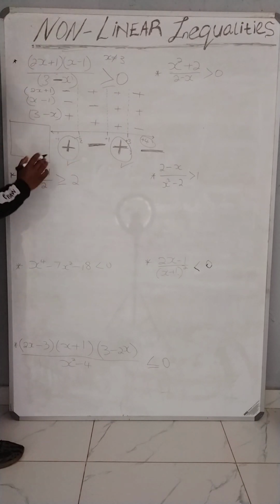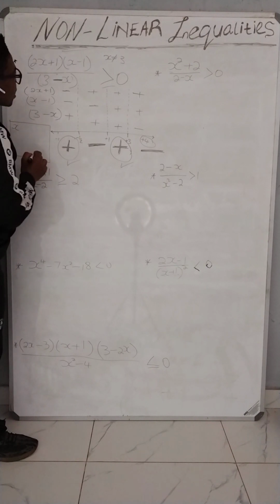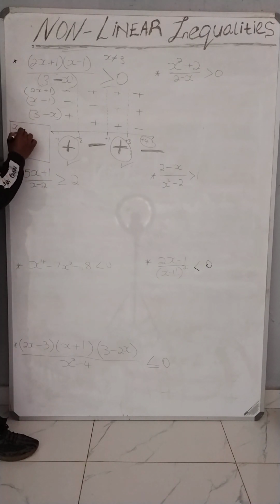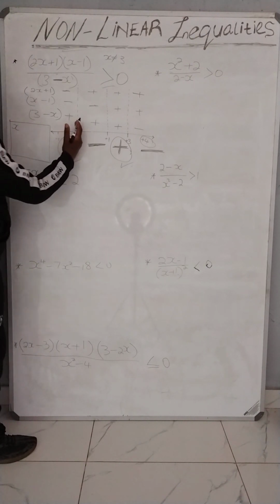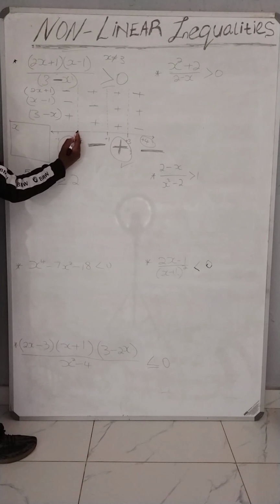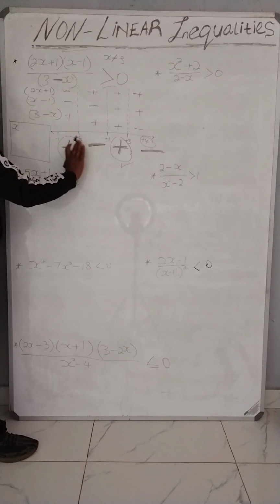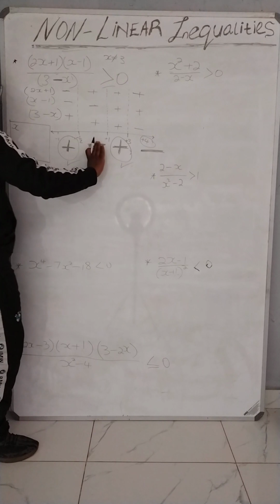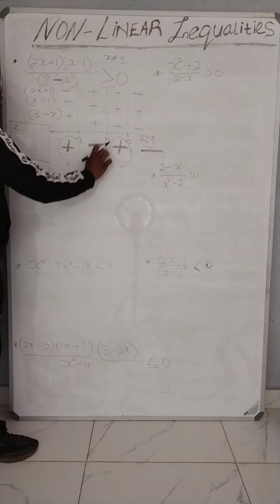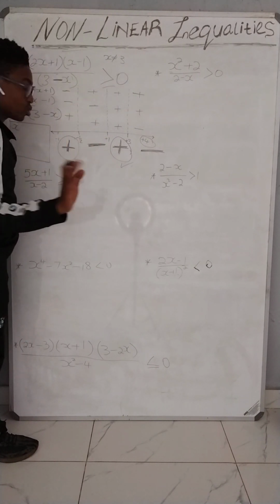We are going to say our x is this side, is less than half. All right, it's not bigger, because once it becomes bigger than half, then the expression becomes negative, but the sign tells us that our expression is actually bigger than 0, and anything bigger than 0 must be positive.